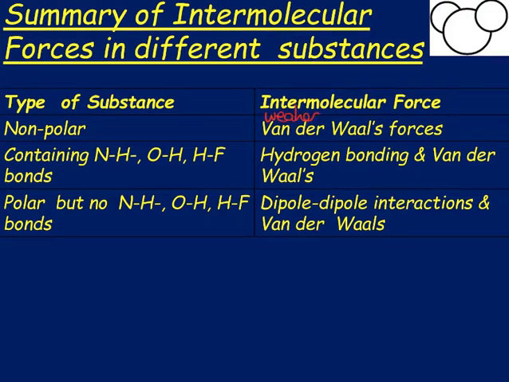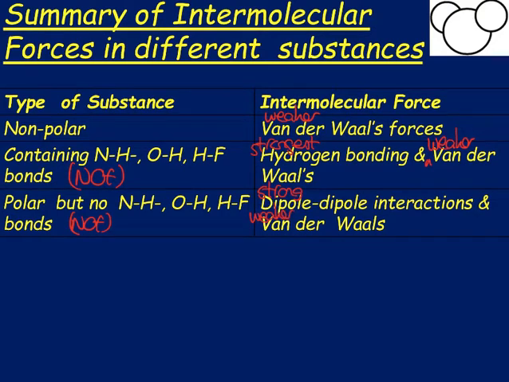If you have NOF present, NH, OH or FH, then you will have the strongest hydrogen bonding and the weaker van der Waals. And lastly, if you are a polar molecule but there's no NOF present, then you will have the strong dipole-dipole interactions and the weaker van der Waals.